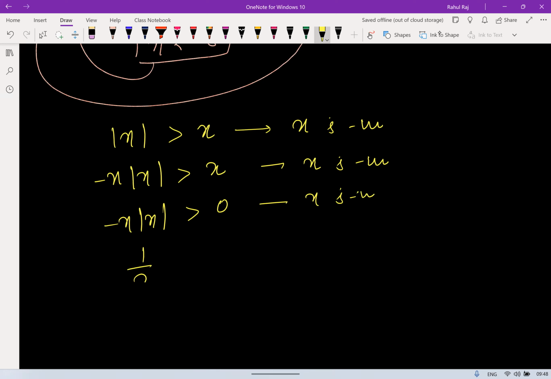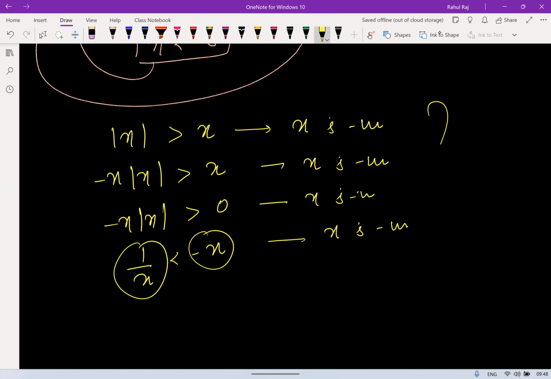If I say 1 by x less than negative x, what does this mean? If I take any numbers for x on the left side, take x equal to negative: this becomes a negative value and this becomes a positive value. A negative number is less than a positive number. It means x is negative.